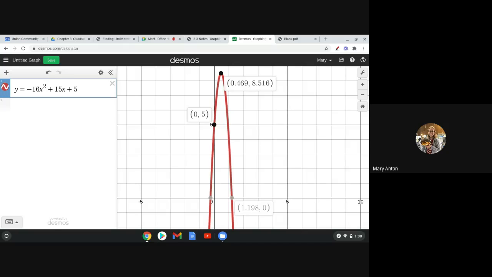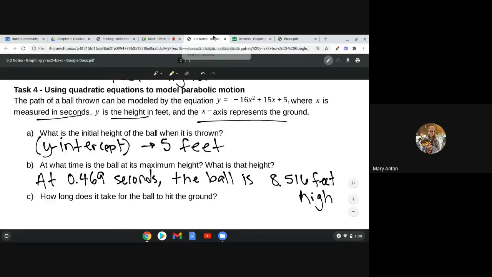We start 5 feet up, but the ball doesn't hit the ground when it's level. It's at the ground, so it's down at the x-axis. How long does it take to get to the ground? 1.198 seconds. And remember, y'all, this is your x-intercept.